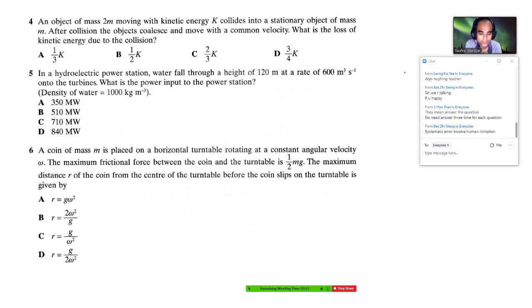But with random error, when you repeat and repeat and repeat again, the numbers will be different. Systematic error involves the apparatus. This is what I call systematic.